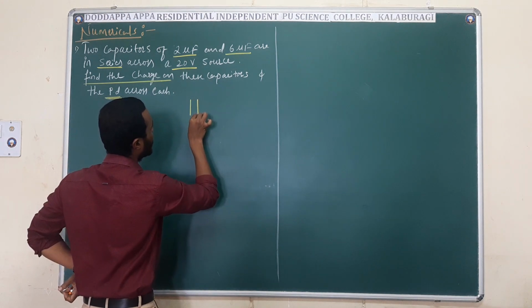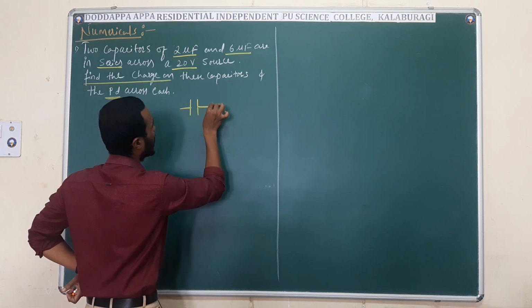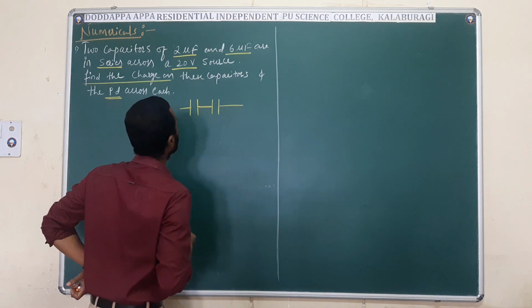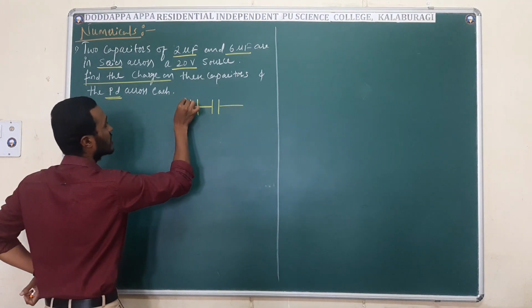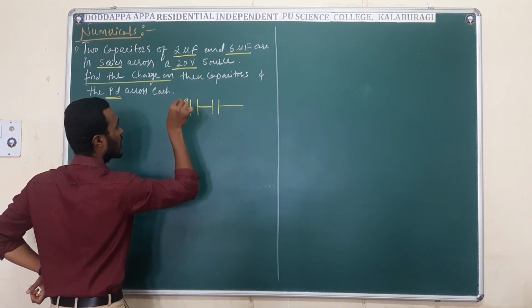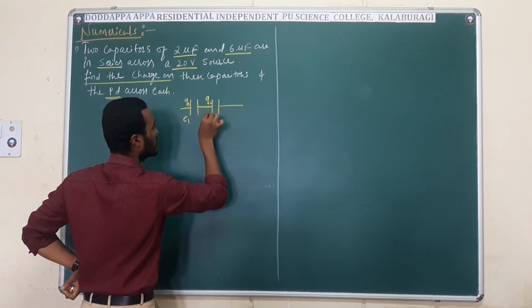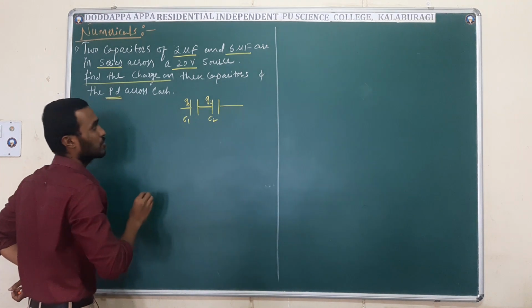Two capacitors I will take. They are connected in series according to the question. Let us assume charge Q1 with capacitance C1, and charge Q2 with capacitance C2.